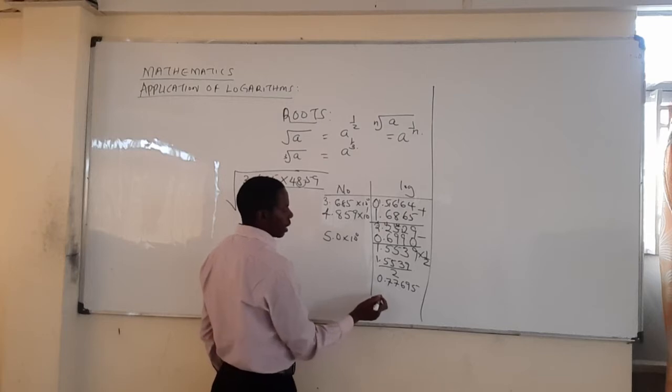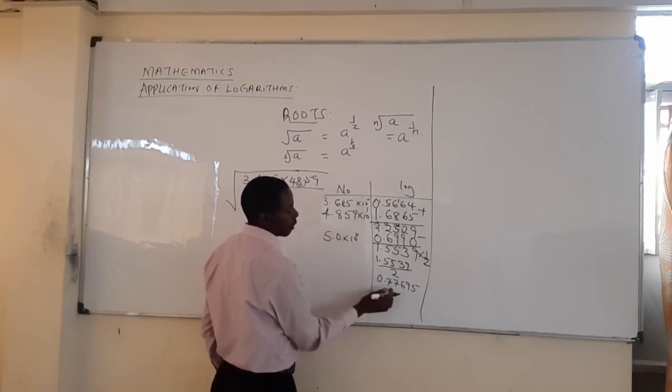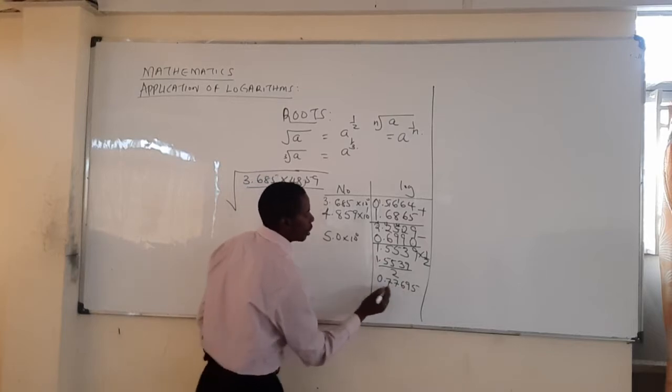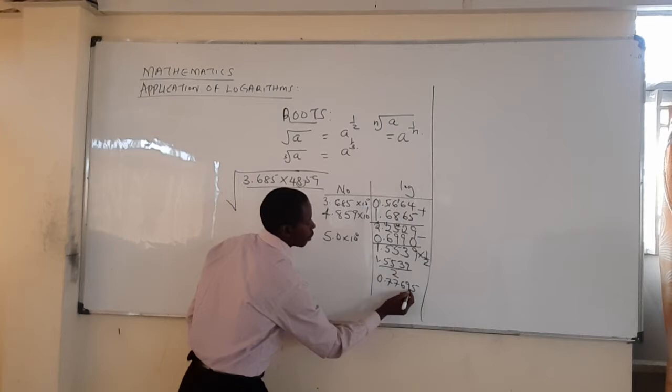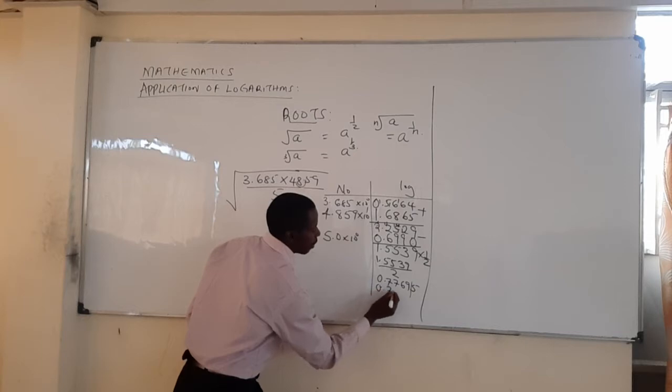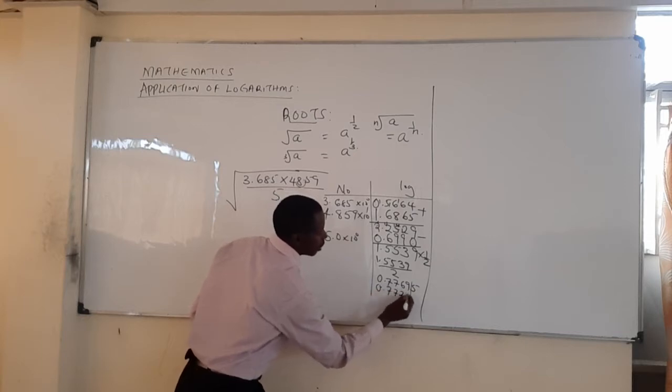Because our table is going to be 4 significant figures, we get 1, 2, 3, 4. So we round off to 4 significant figures. So we get 0.7770.